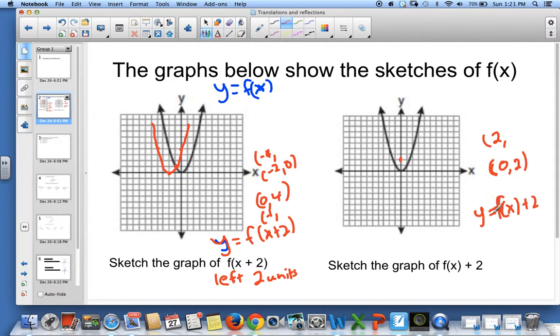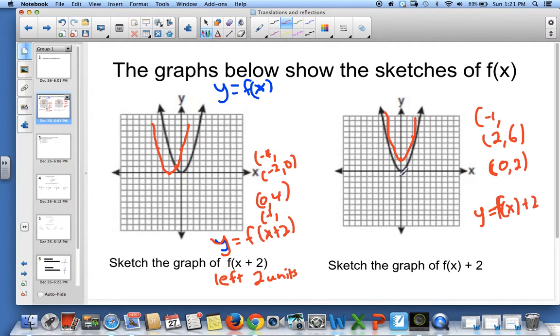When x is 2, the graph becomes f of 2, which is 4, and then plus 2. So 4 plus 2 is right there at 6. What if I put in negative 1? F of negative 1 is 1, and then plus 2 is 3. And what happens is this graph looks like this.